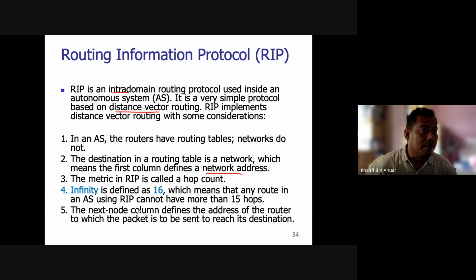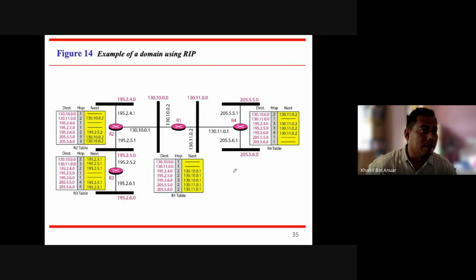The next node column defines the address of the router to which the packet is to be sent to reach the destination. So now it uses the network address rather than the host address. Here is the network address, then the hop count, and then the next address.